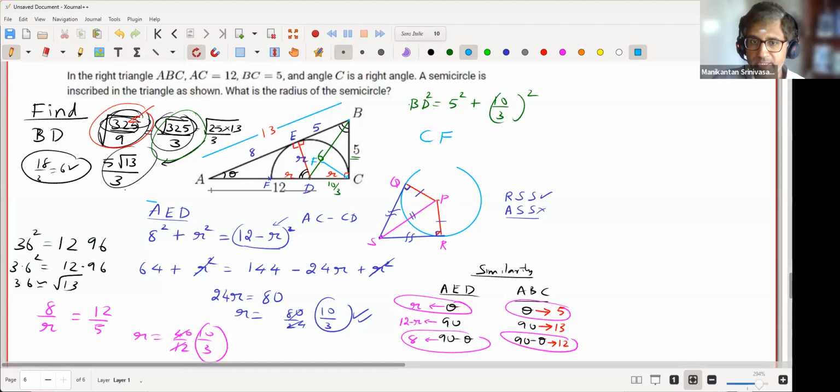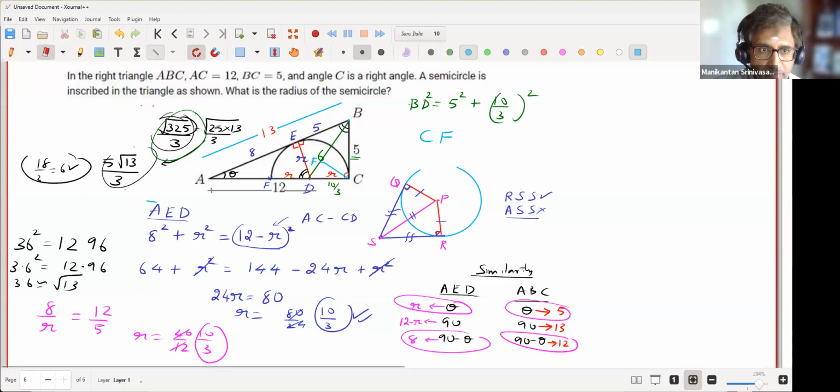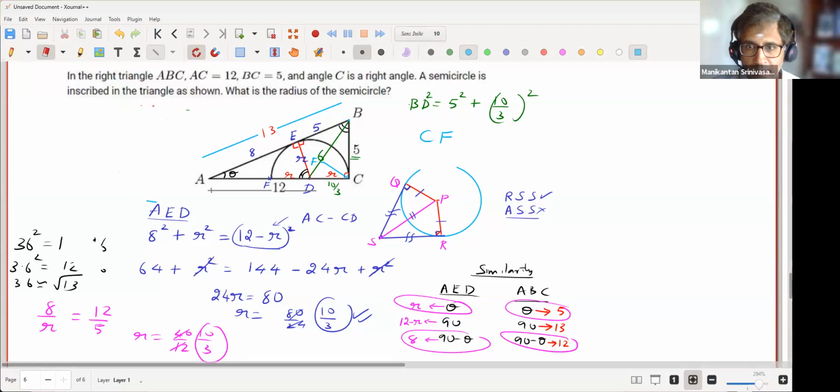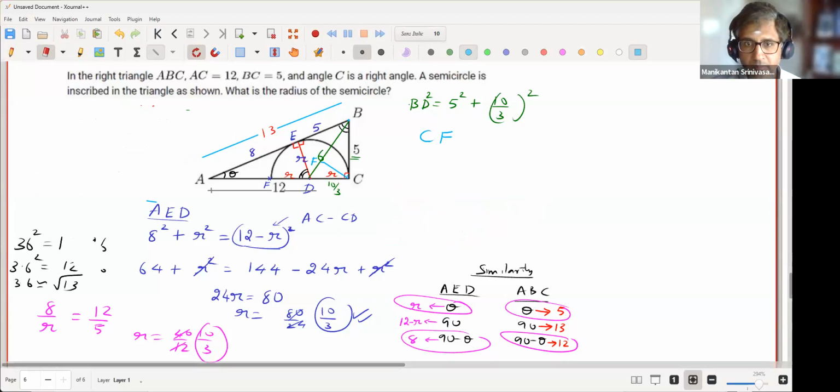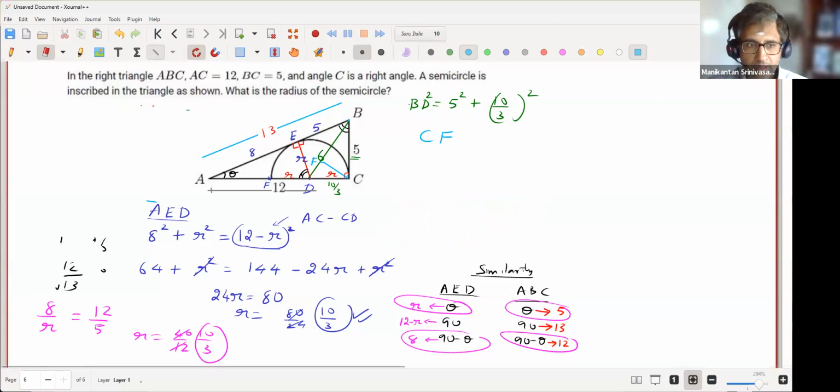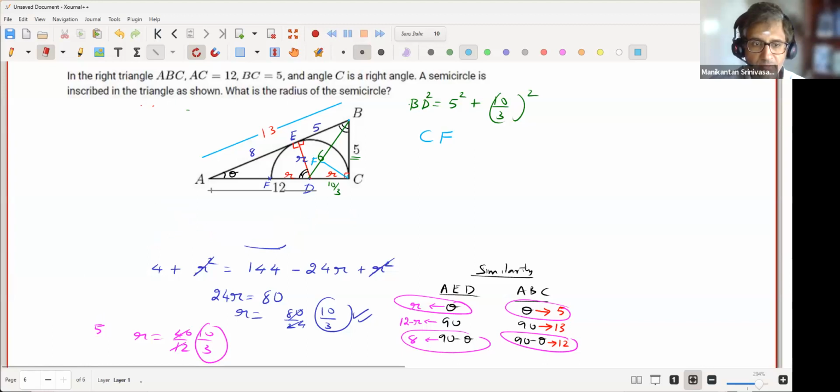Length of the perpendicular from C to BD. I'll remove all this other clutter. Fastest finger. I'm waiting for the fastest finger. Whoever gets it first, call out.